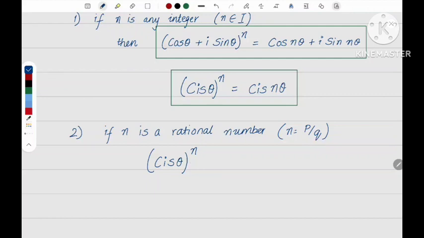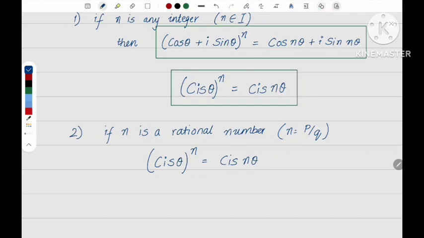We will see why this is so, but for the moment you just see this, that cis theta to the power n, one value of this will be equal to cis n theta. It is same as we have seen in case when n is integer, but since in case of integer this is the only value, and when n is not an integer, this is one of the values. So there will be other values also. Out of that, cis n theta will also be one of the values.